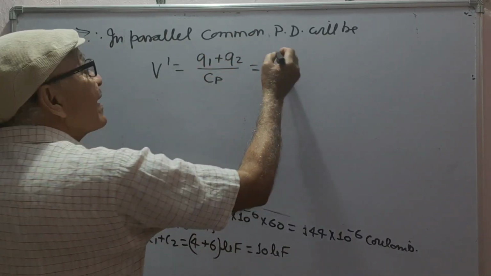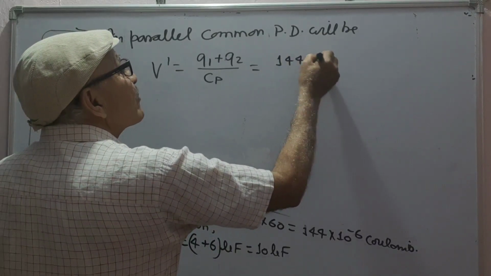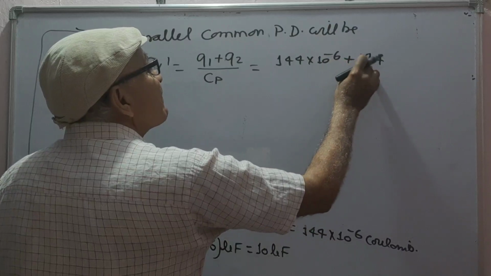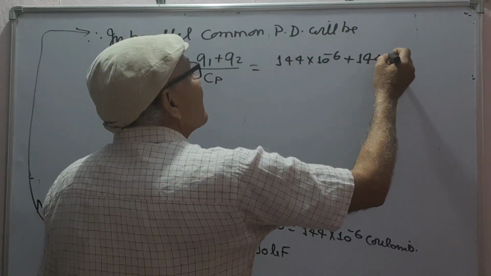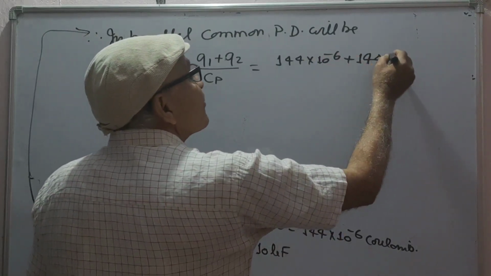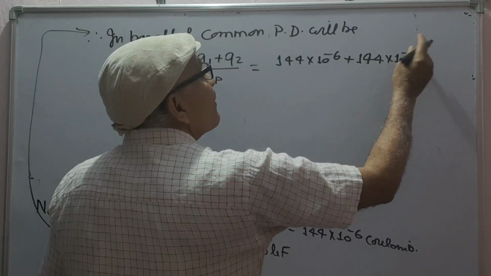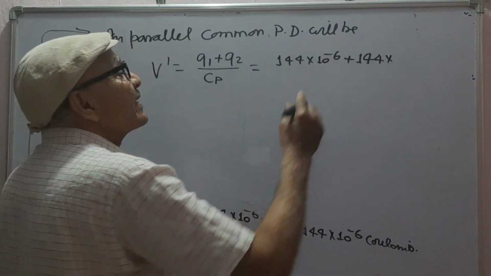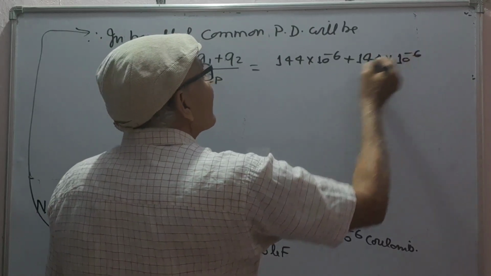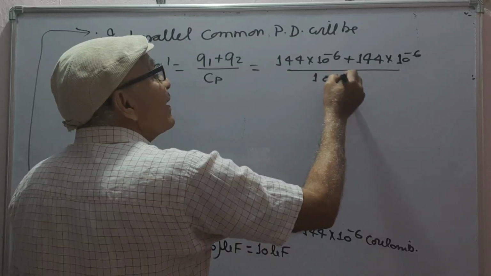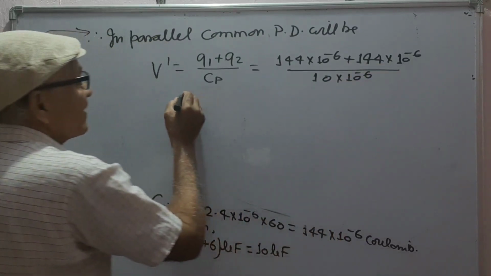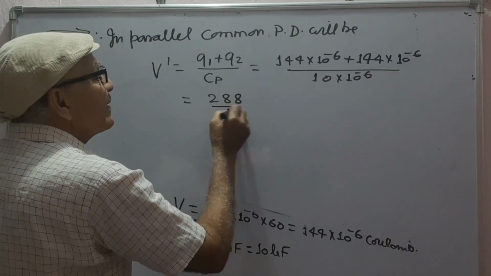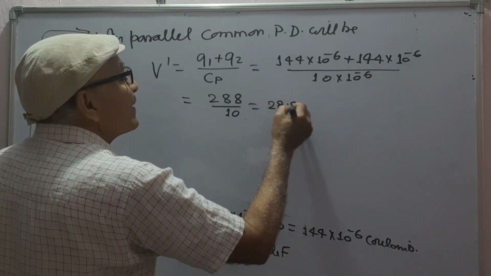Q1 plus Q2 is 144 into 10 to minus 6 plus 144 into 10 to minus 6, upon C parallel, which is 10 into 10 to minus 6. 10 to minus 6 gets cancelled. So we get 288 upon 10, means 28.8 volt.